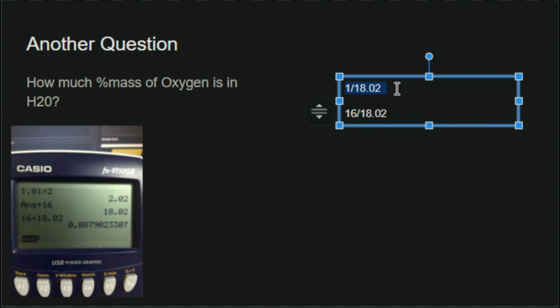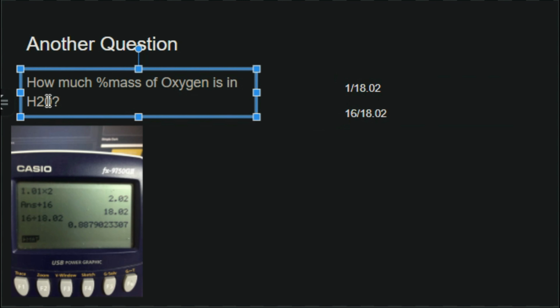To find the percent mass of oxygen, you have to use the mass of 1 mole of oxygen, because in this case the oxygen has no number in front of it or as a subscript, so that means it has 1 mole.